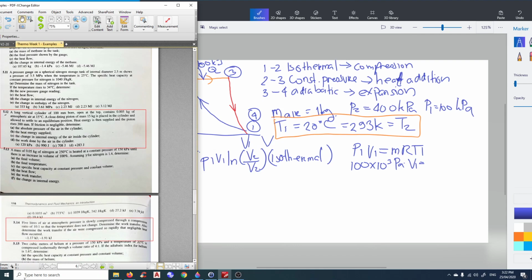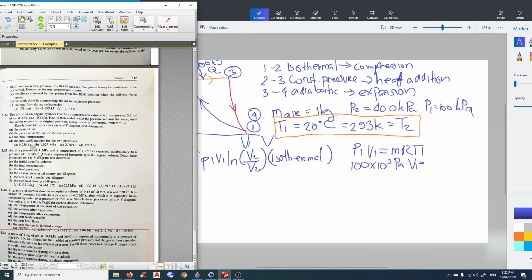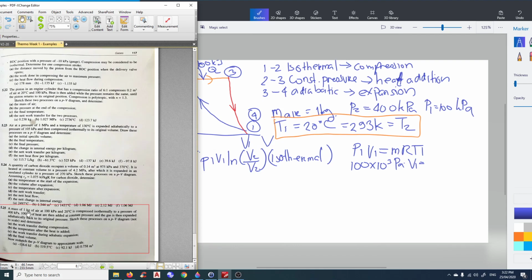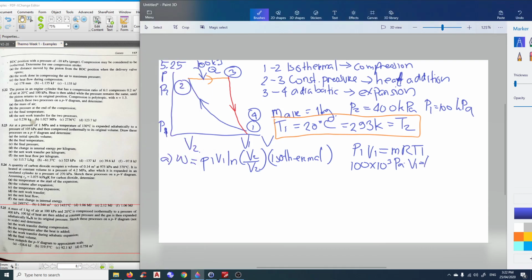I think it's 1 kilogram. Just going to check. Yes, it's 1 kilogram of air. So the mass is 1 kilogram. R is 287 joule per kilogram Kelvin, and T1 is 293 Kelvin. Solve for V1. V1 is 0.84 cubic meter.